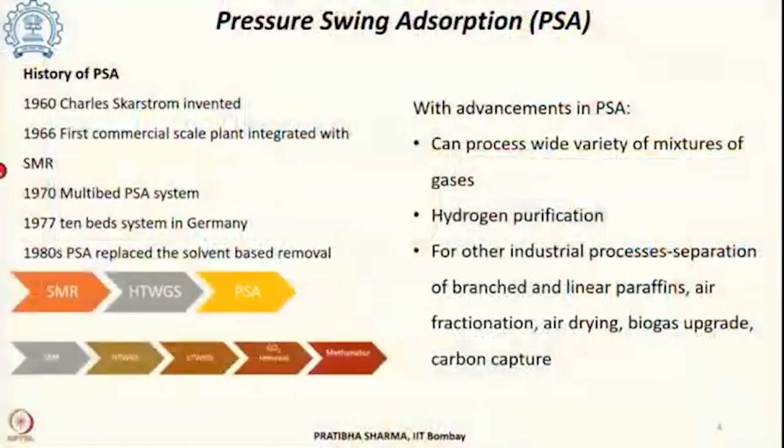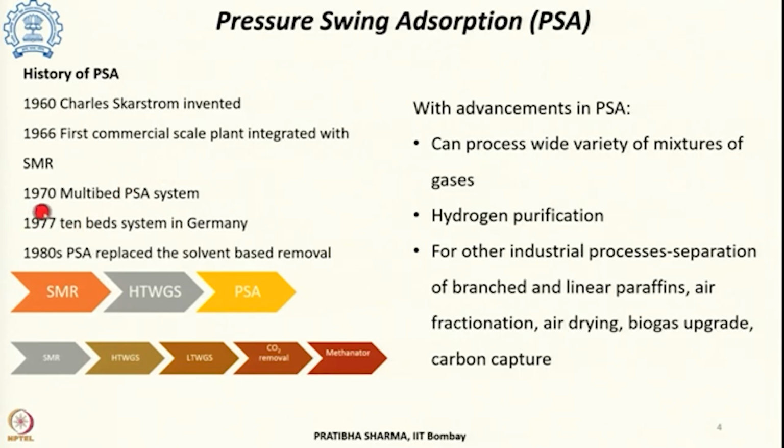Just to look at a little background, the process was invented by Charles Skarstrom, and he came up with a 4-step cycle. In 1966 the first commercial scale plant, a pressure swing adsorption plant with 4 steps and a tail gas drum, was integrated with the steam methane reforming.